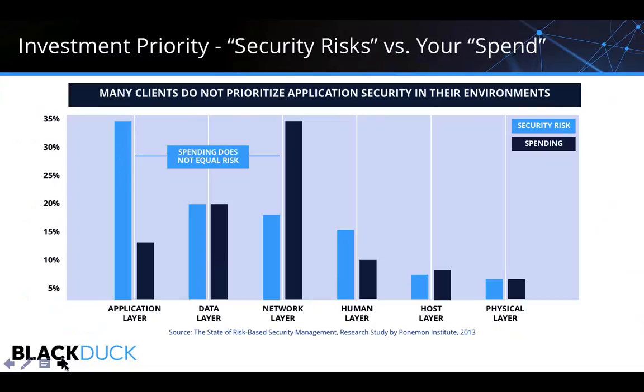Consequently, we saw a lot of attacks on and a lot of defending of the network layer. That doesn't make as much sense when you're exposing all of your IP and your assets through the application layer, but we still see backwards spending patterns of spending on perimeter defense, whereas most of the attacks are occurring on the application layer. So we see a disconnect there that really needs to be addressed.